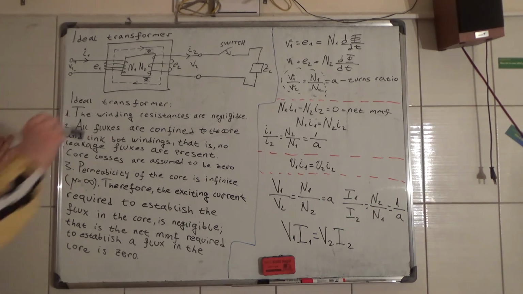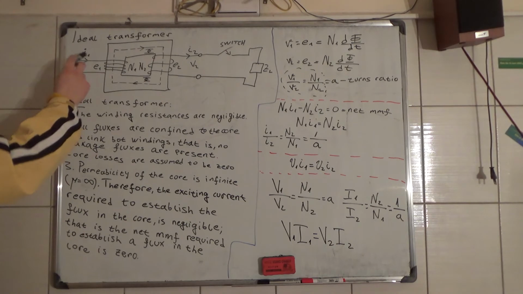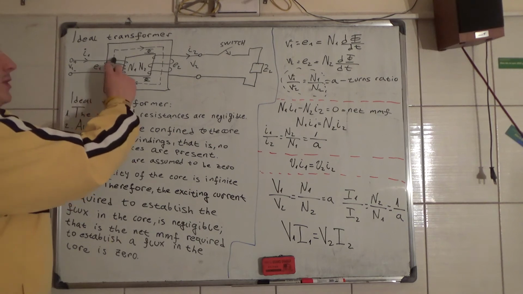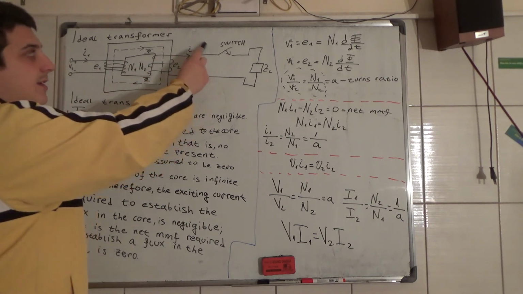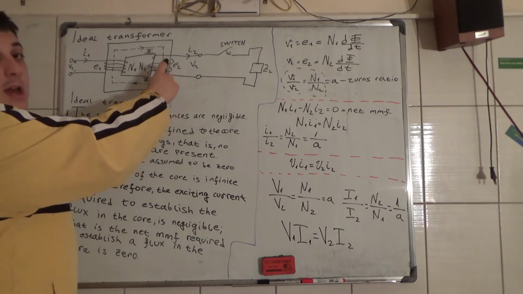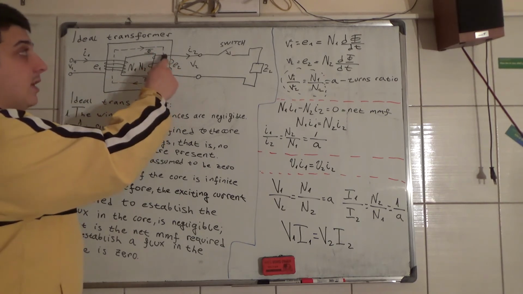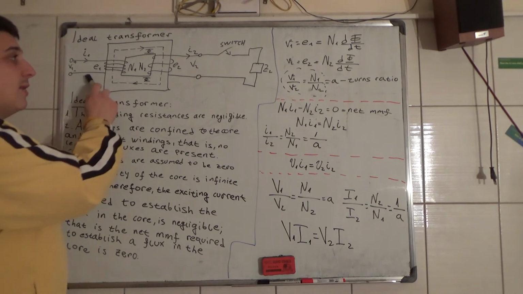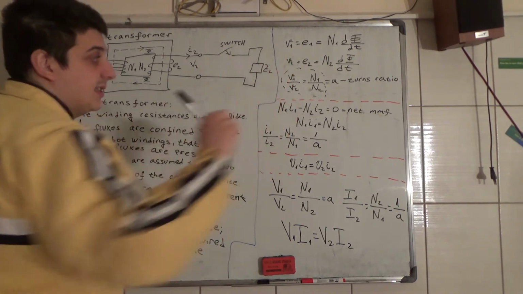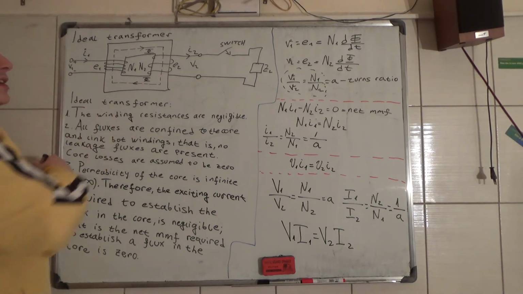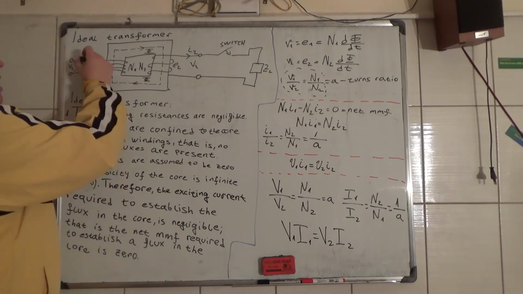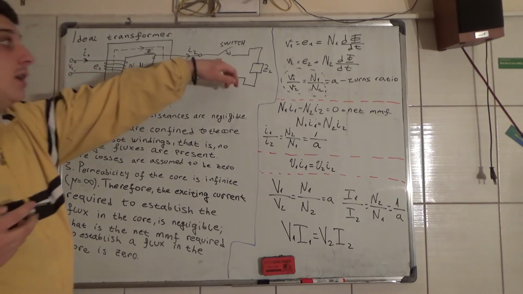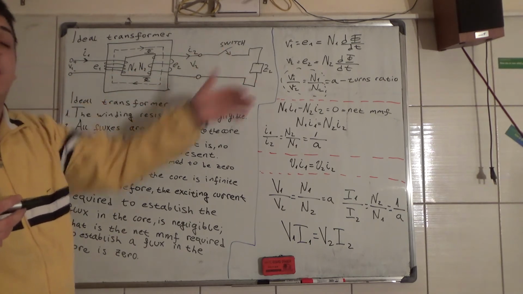If that was not the case, if this here would not draw the current, then this I2 current would provide another magnetic flux in the core, and this would be unbalanced. So V1, E1 here would not stay the same. So that's why when this switch is closed, you have a primary current I1 on the primary side when the secondary draws a current.